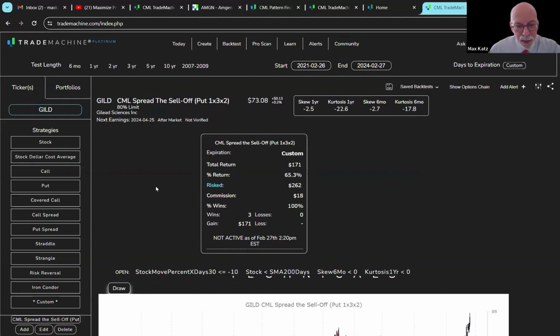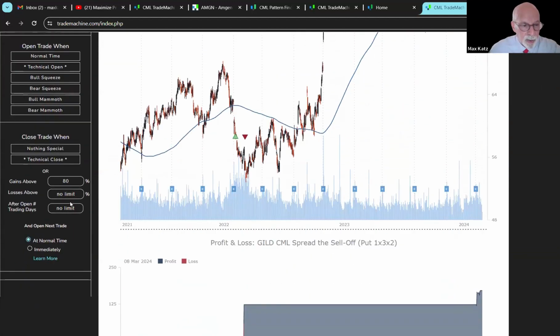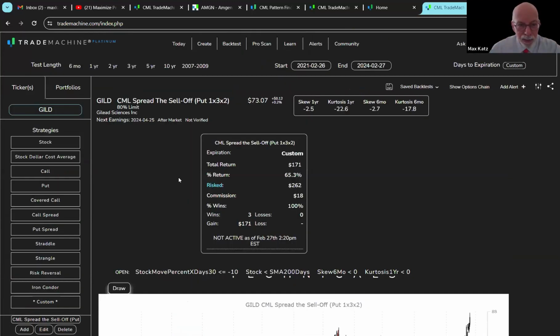So you'll see that besides the options expiring, there is an 80% profit limit on this trade. If you scroll down and look at gains above 80%, close when, that's where that comes from. So we'll go back to the top.